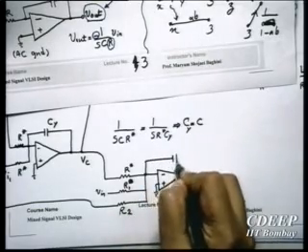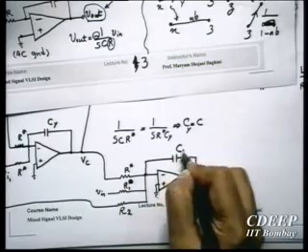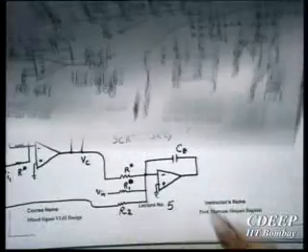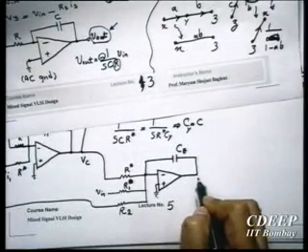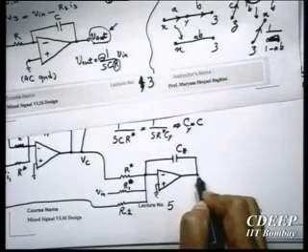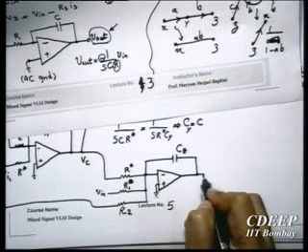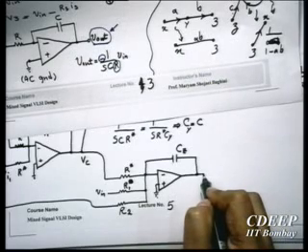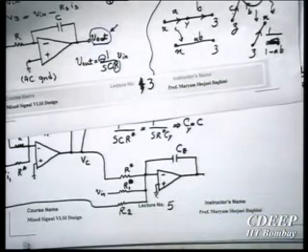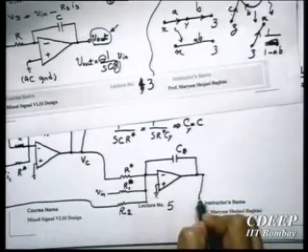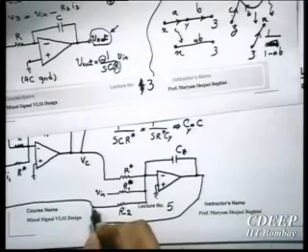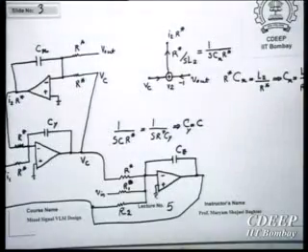And CZ, which will generate R star. Both are inputs. So this 3.